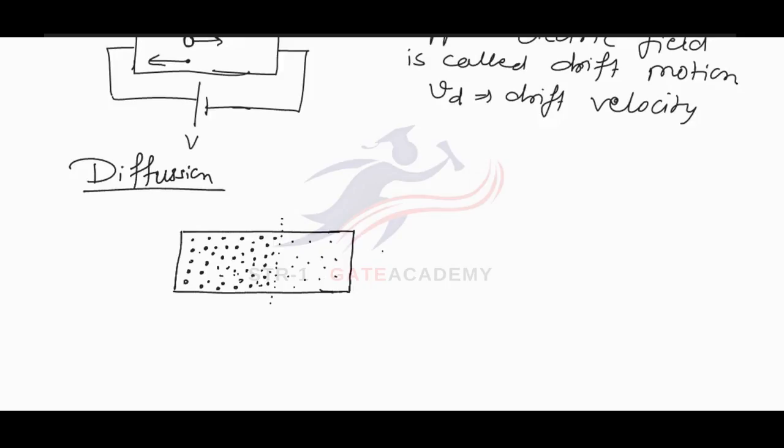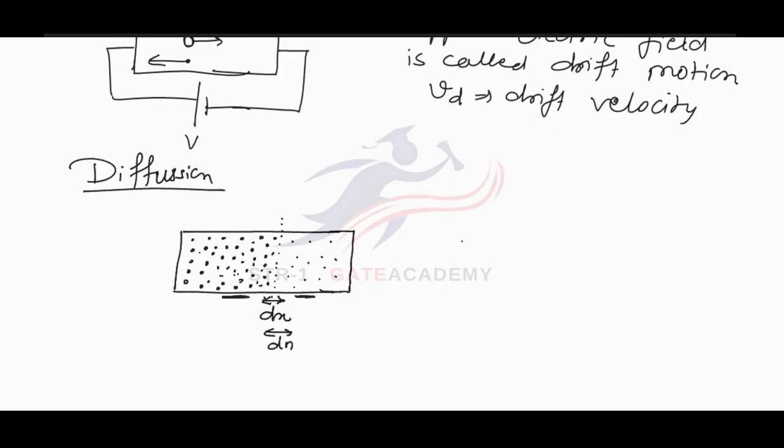By observation, it can be clearly seen that the electron concentration on this side is far greater than the electron concentration on this side. If we move a very small distance dx from this point to this point, there is change in electron concentration dn.